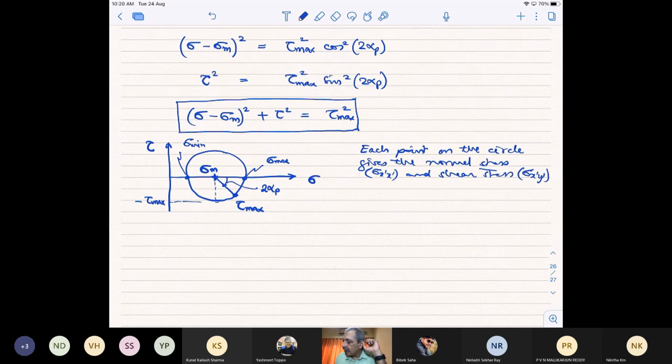So we are calling this sigma and we are calling that tau. So we get this sigma and tau for a given alpha p, where alpha p is the rotation relative to the principal axis. So this is, you know, the graphical way of visualizing how the stresses on that plane are changing.